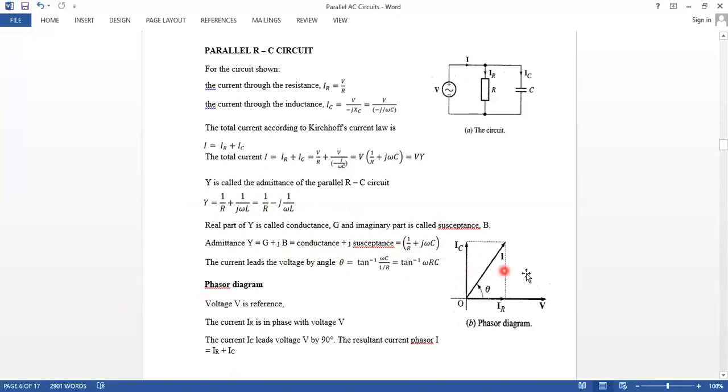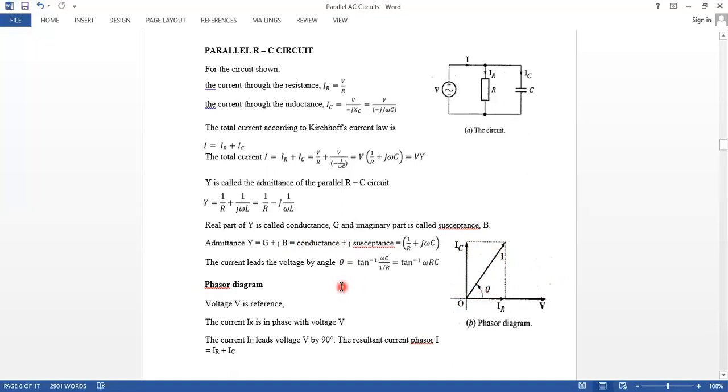So here in the vector diagram, if you see V as the reference vector, we know that the IR component is in phase with V, and the IC component is leading V by an angle of 90 degrees. And the resultant current I is given as the vector sum of IR and IC, where the angle between V and I is angle theta.